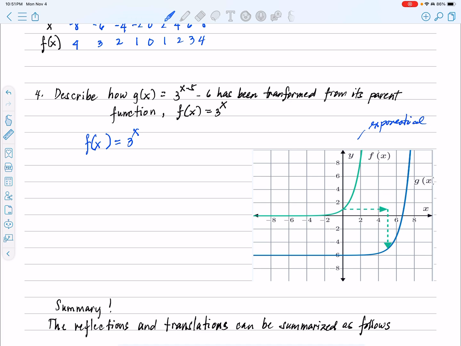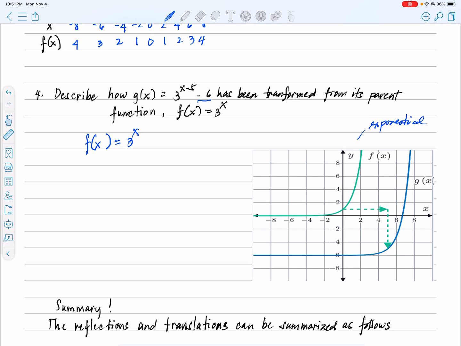Increasing fast. So when we compare the f of x with the g of x, we can see that there are numbers that have been added and subtracted. So there is a minus 6 here. So addition and subtraction can be used to represent the translation.